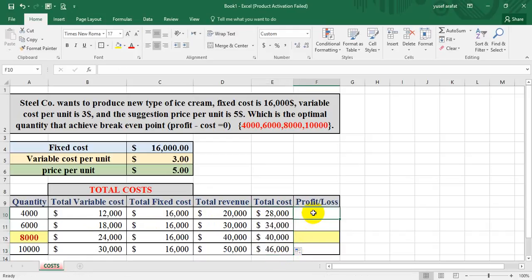So we have to know whether my company or your company has a loss or profit, and you can do this.